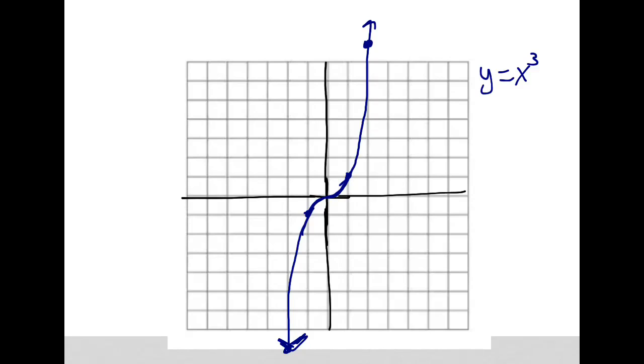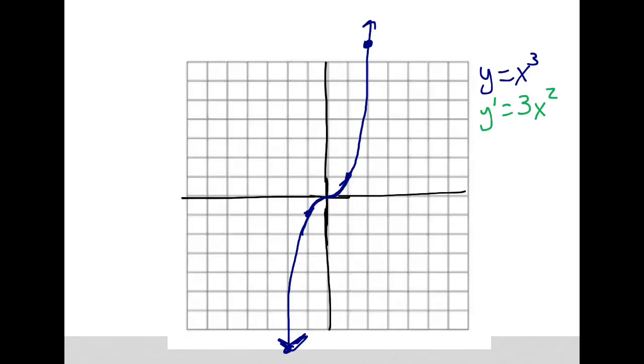So I want to take you on a quick mental journey. So think about this function, y equals x cubed. Y equals x cubed is an interesting function because think about the derivative of this function, y prime equals 3x squared.